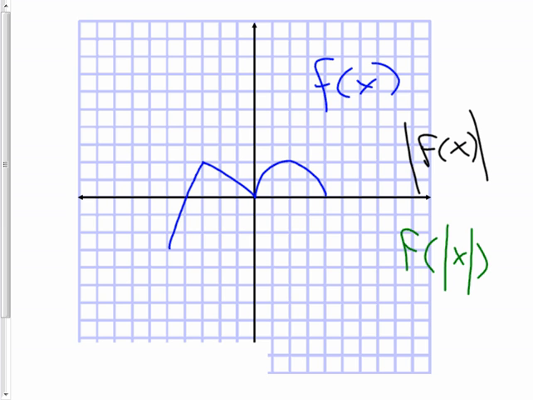One of them wipes out the x's that were negative. Have you got that too? Good.